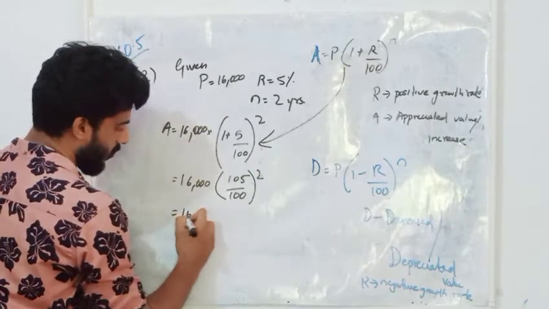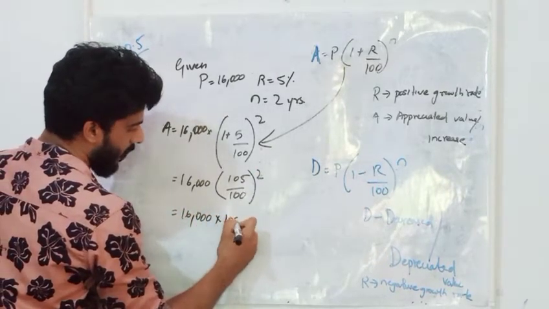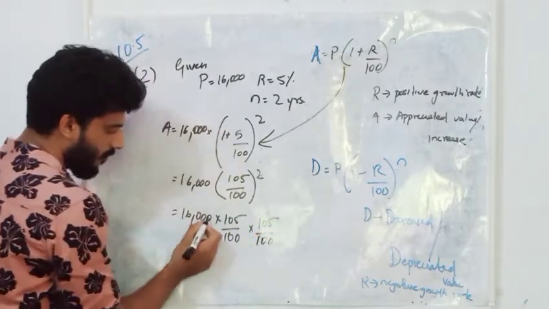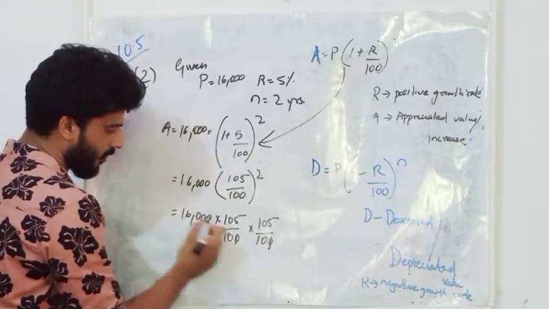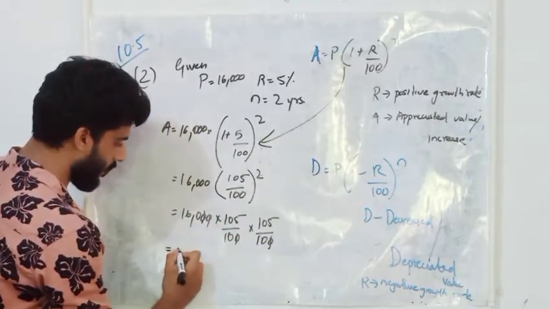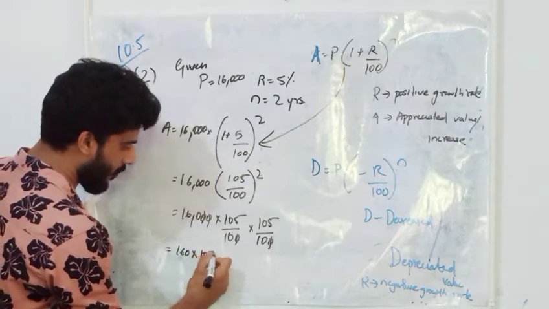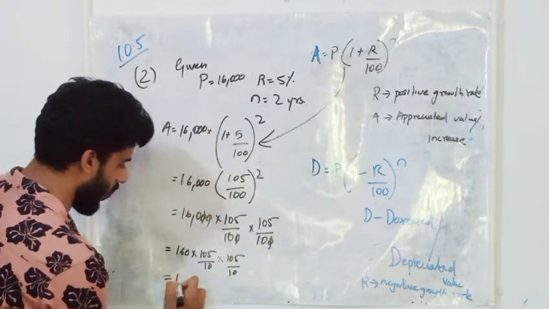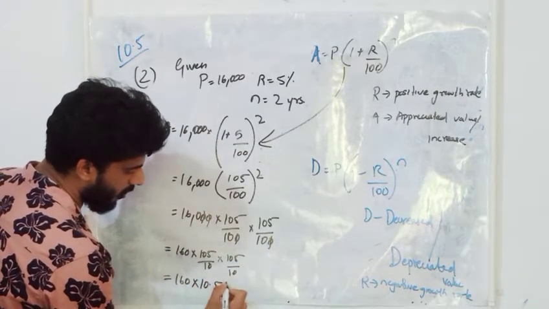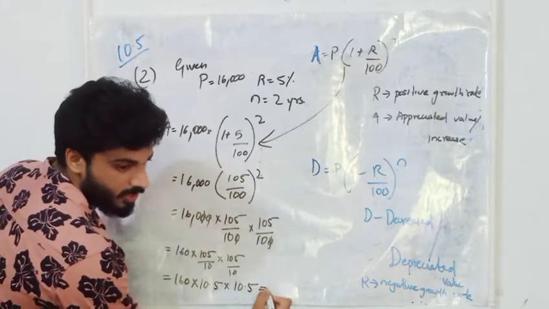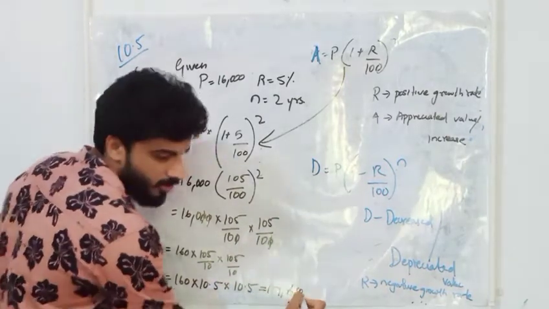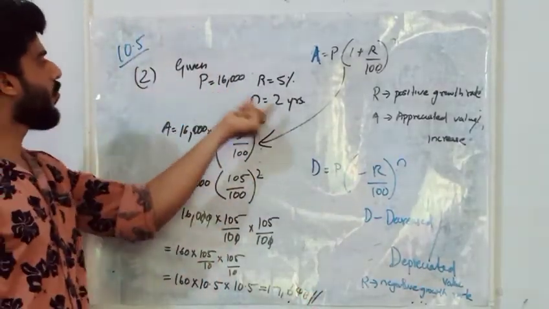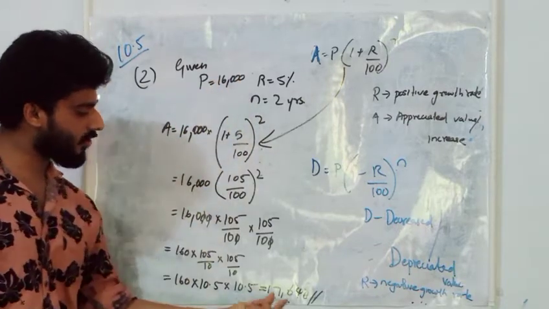That is equal to 16,000 into 105 divided by 100 into 105 divided by 100. A 0 from here and here gets cancelled, and another 0 from here and here gets cancelled. So it will be 160 into 105 by 10 into 105 by 10. This 105 by 10 can be written as 10.5. So 160 into 10.5 into 10.5. Our answer will be 17,640. So after 2 years, our 16,000 will increase to 17,640.